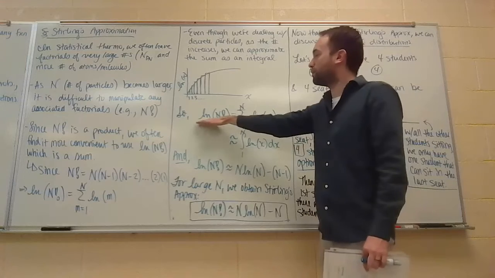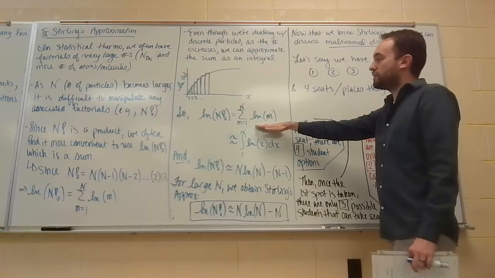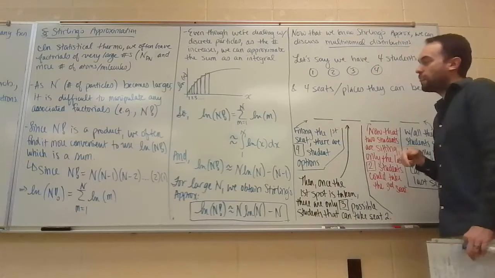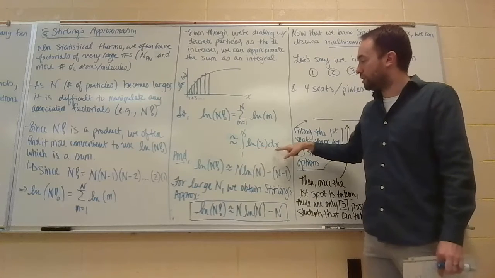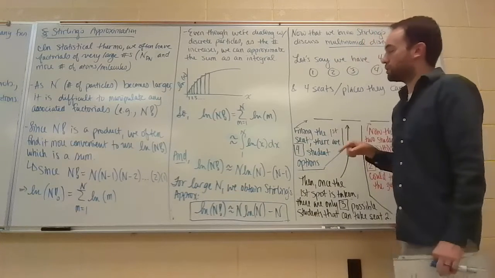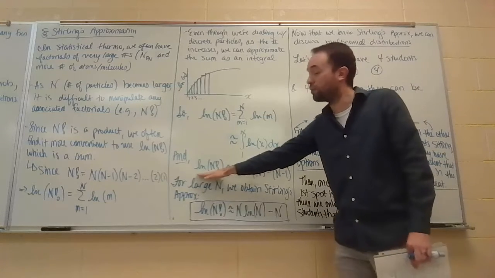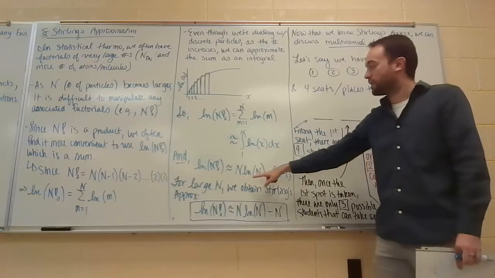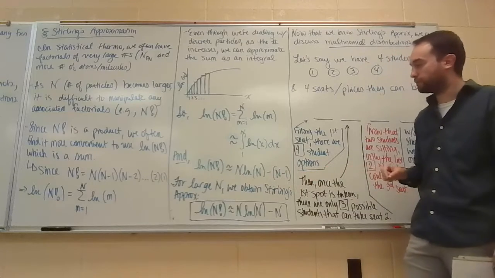So that means that the natural log of n factorial, which we said was the sum over m equals 1 to n of ln of m, is then approximated as the integral of that function going from 1 to n. And so therefore the natural log of n factorial is approximately equal to n times the natural log of n minus n minus 1.